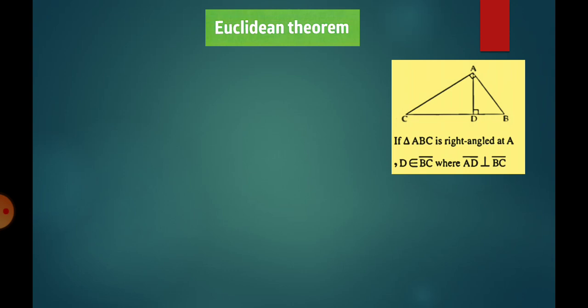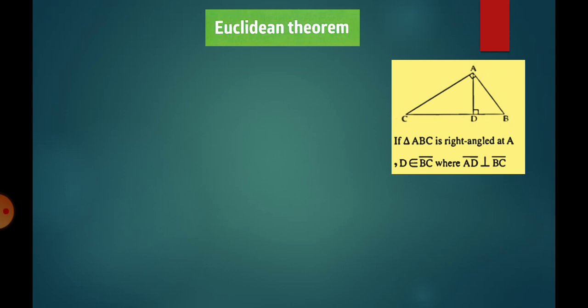We know the area of a square equals side squared, and the area of a rectangle equals length by width. In triangle ABC, right angled at A, by Pythagoras BC power 2 equals AB power 2 plus AC power 2, and AC power 2 equals BC power 2 minus AB power 2.